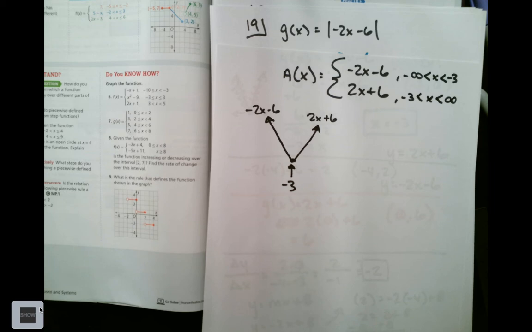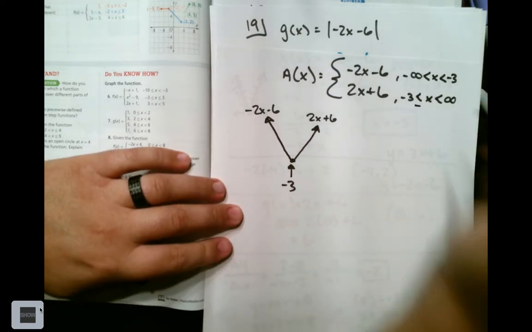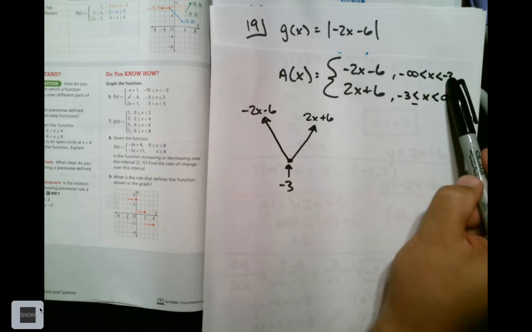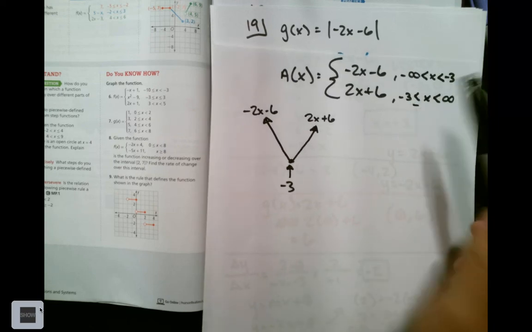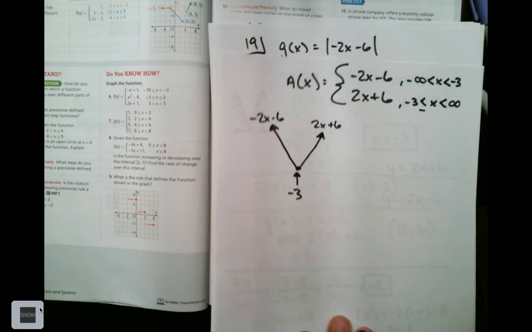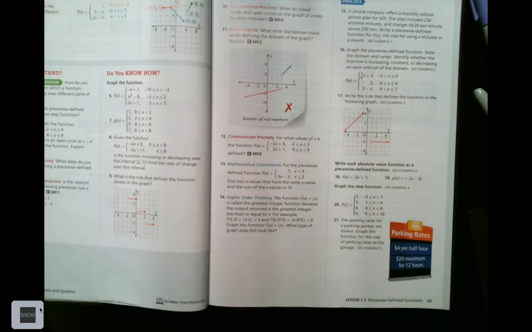You could put it with either one, you know. I guess you could just throw it with this one. Negative 3 is less than or equal to x. You do want to make sure that that negative 3 is included in one of those two equations. Doesn't matter which one. It's up to you. Both are correct. All right, so that's a super long answer, but that's it.